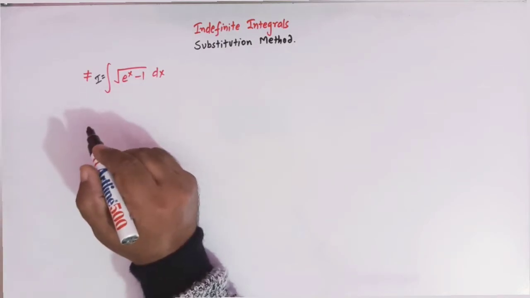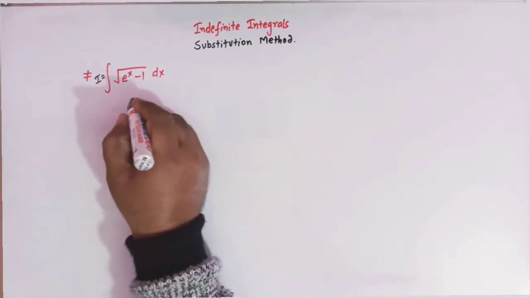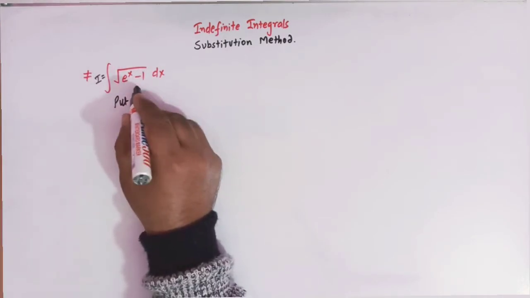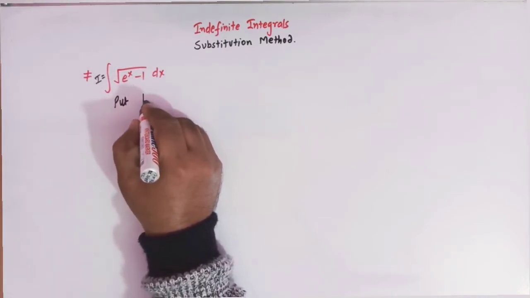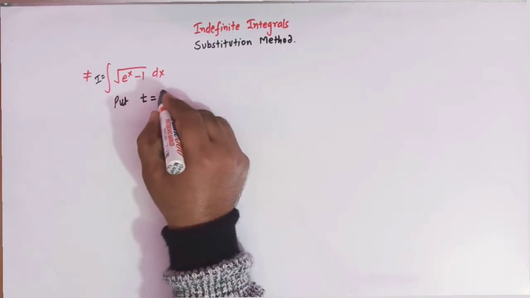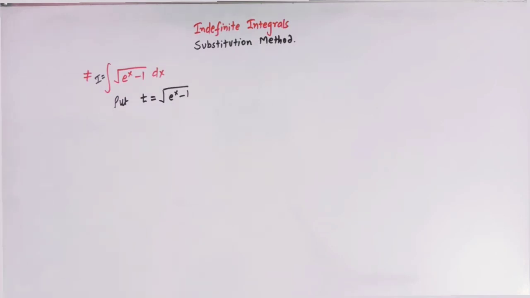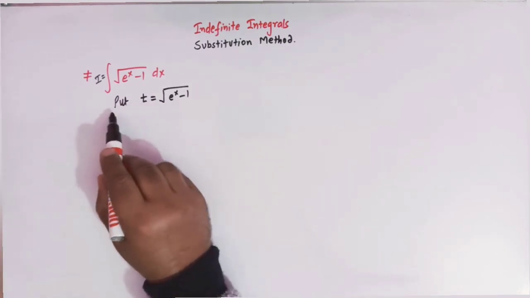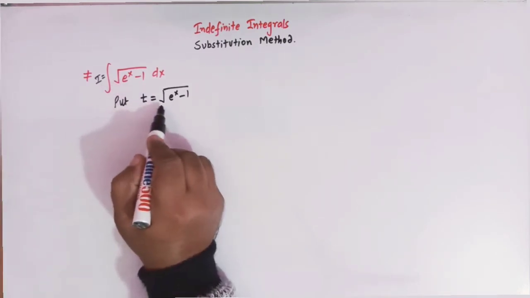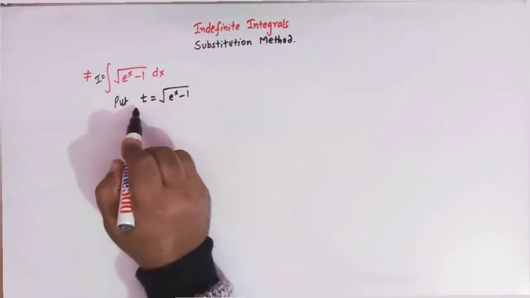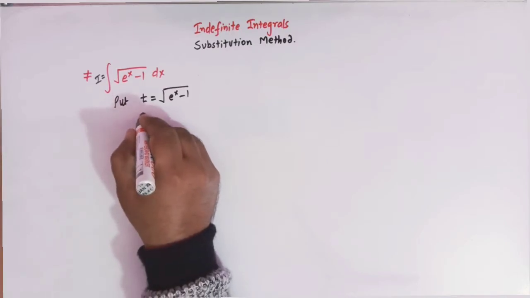So we will introduce the variable t as square root of e raised to x minus 1. We'll take this substitution, that is we'll put t equal to square root of e raised to x minus 1. Now if we take the square of both sides, see what we get.